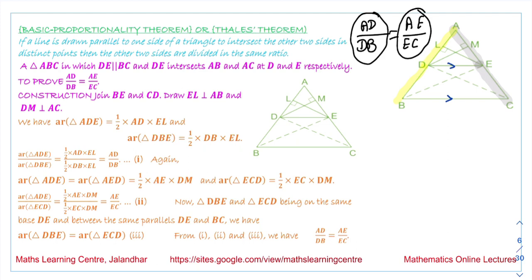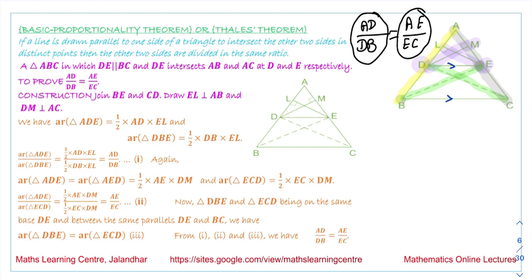Now, to prove this we do a construction. We join the points B and E, and we join the points C and D. Next, from point D we draw the perpendicular DM on AE, and from point E we draw the perpendicular EL on AD.